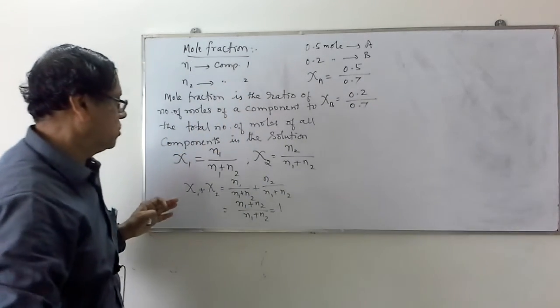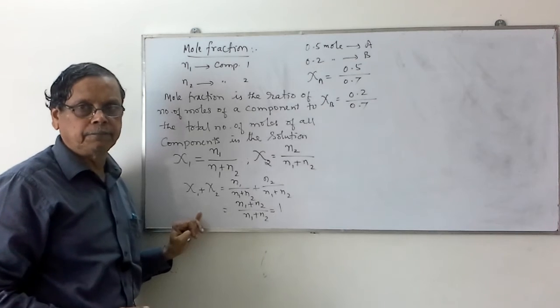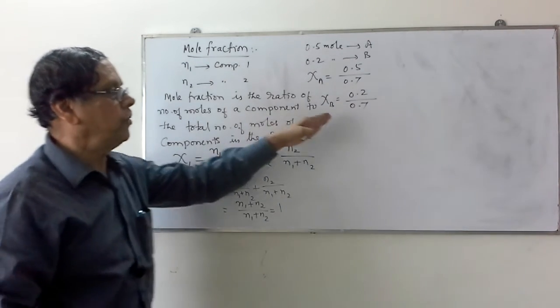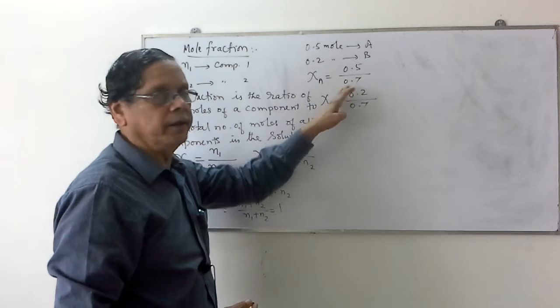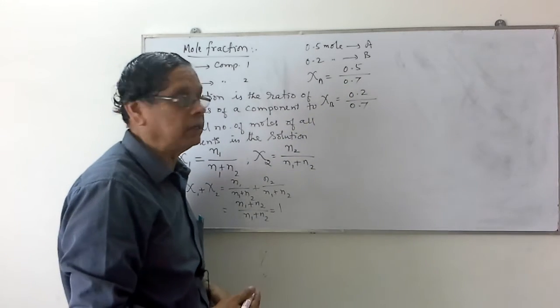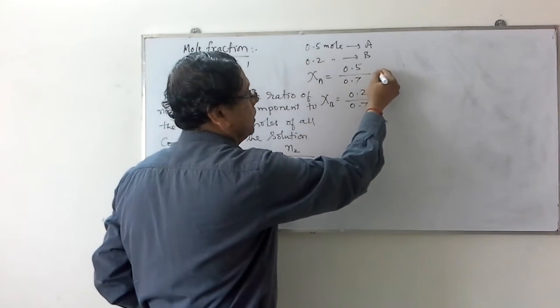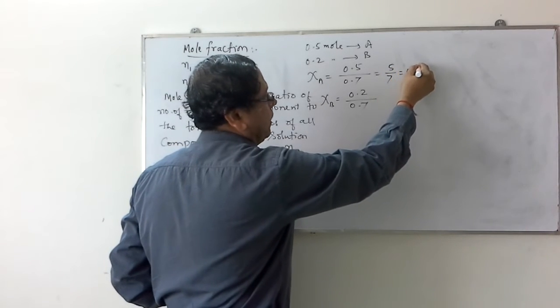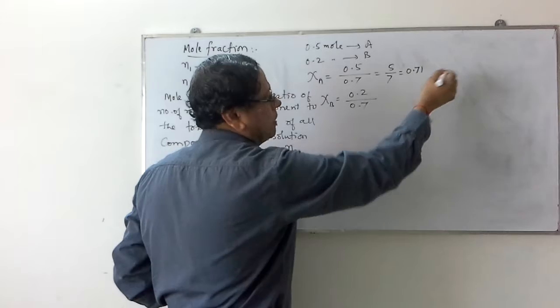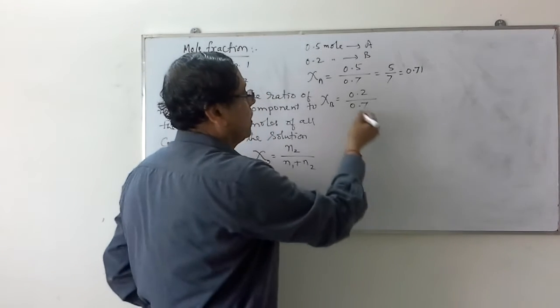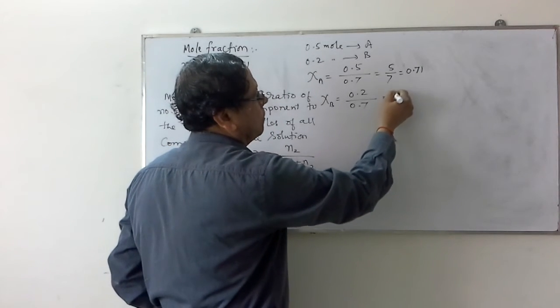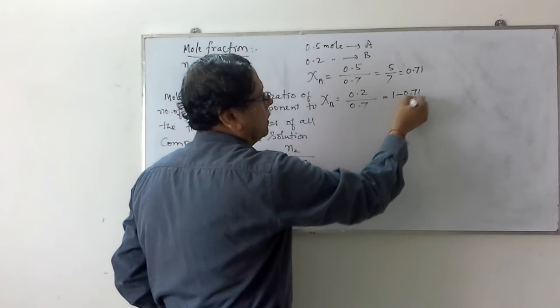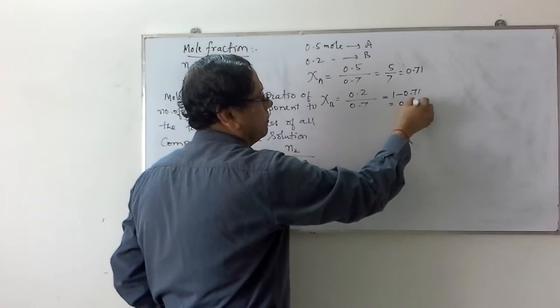Usually for aqueous solutions, one of the components will be water. So if you know the mole fraction of one, that of the other can be easily calculated. If you simplify, this will be 5 by 7, that is 0.71. For the other, we can easily calculate 1 minus 0.71, which is equal to 0.29.